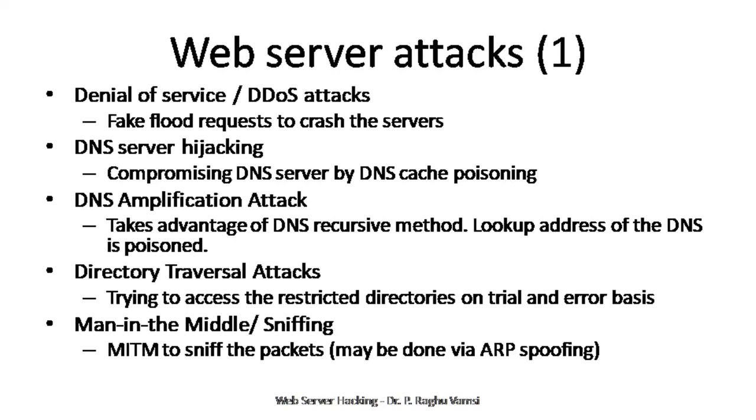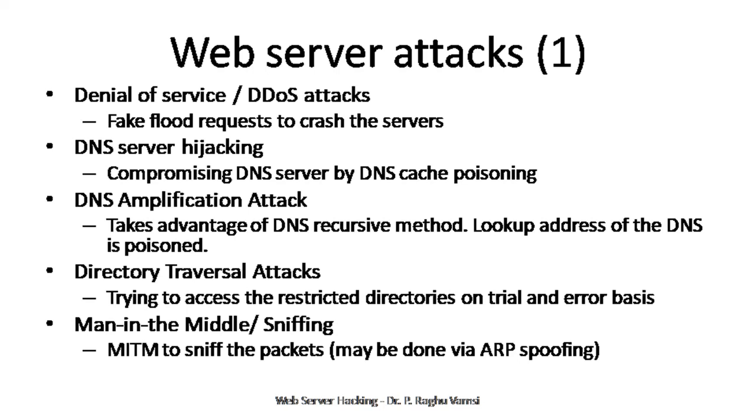This is called the recursive DNS method. That means within a system, if the DNS lookup is unable to get it, then it will go to the next service provider of the DNS. Then the next service provider, whoever is available and connected to the computer over the internet, that next DNS server will resolve it and give you the IP address back.